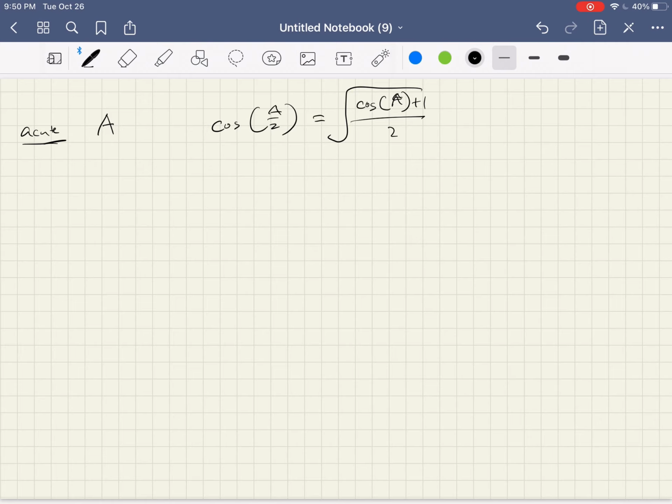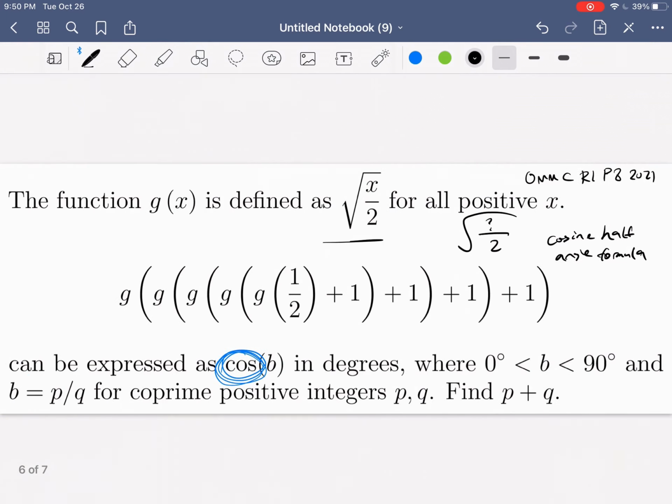And once you remember this formula, you'll see very clearly that things start to look a little bit interesting over here. You're adding 1 to something, then you're dividing by 2, then you're taking the square root of it, and you're repeating this operation on and on. And it does seem like the cosine half angle formula is relevant here.